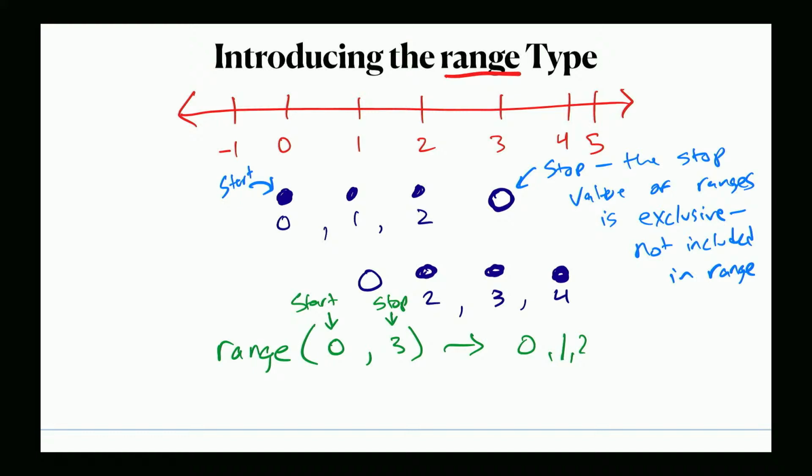Now, it turns out it's so common that you want to start from 0 that the range constructor says if you only give me one value as an argument, we're going to assume that's actually the stop, and the start will be implicitly 0. So range(3) would be the same here. These are 2 ways of saying the same thing.